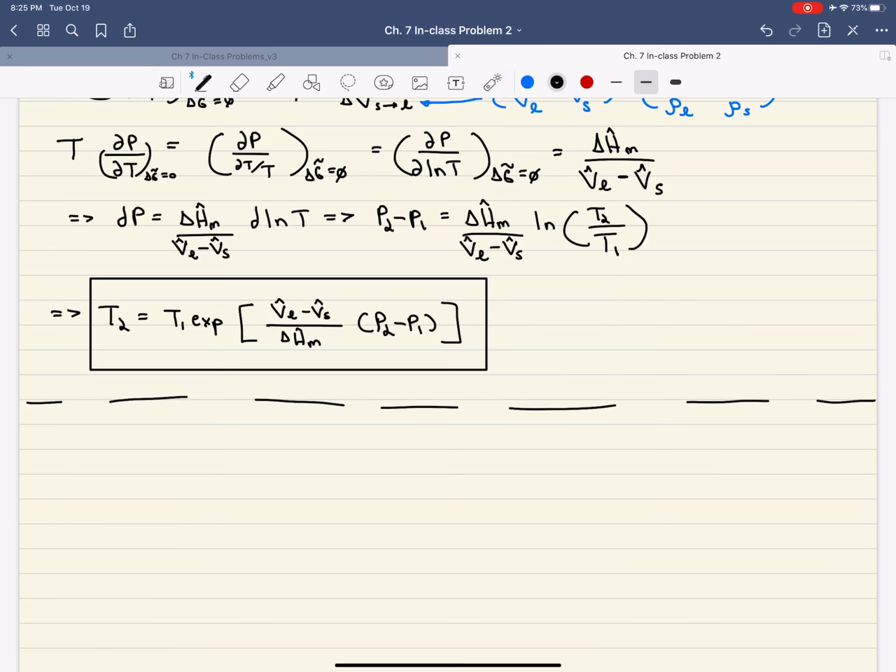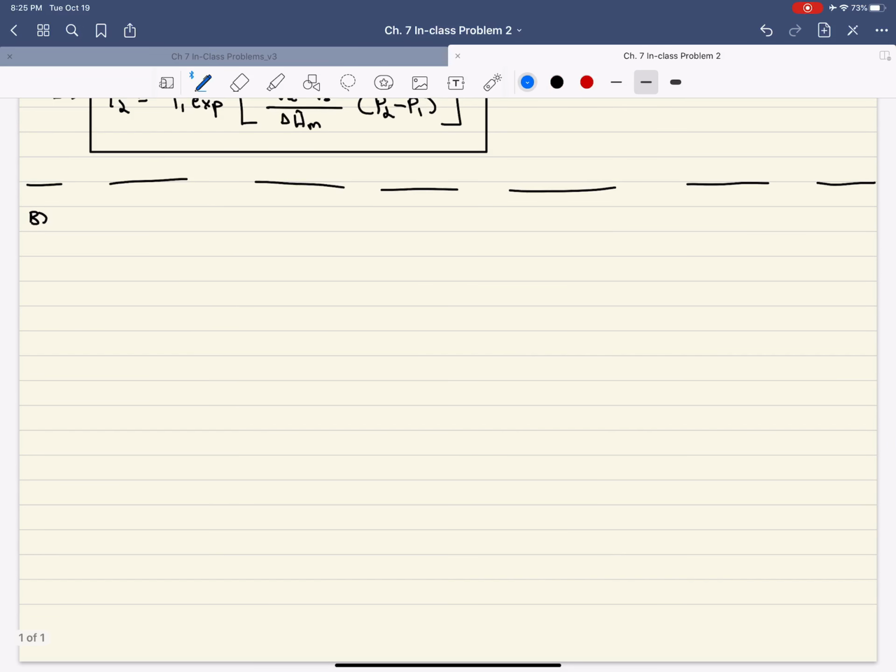Okay. All right, and so in part B of this problem, we're going to be looking at liquid water turning into vapor.